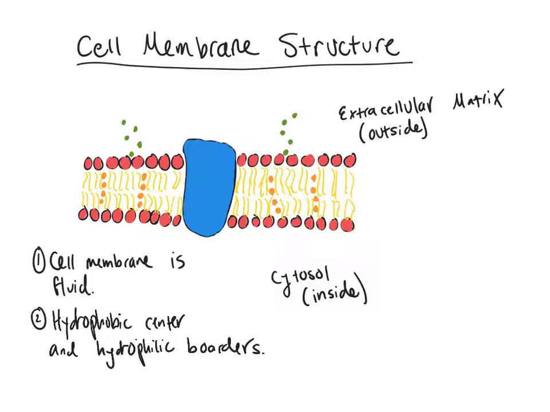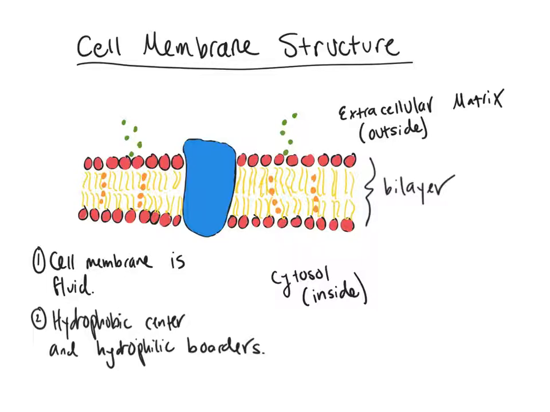It's also important to note that this is a bilayer, meaning that there are two rows of our phospholipids, and the tails kind of hide in the middle. Carb chains show on the top because they help with cell-to-cell recognition, but I'll get to that later.